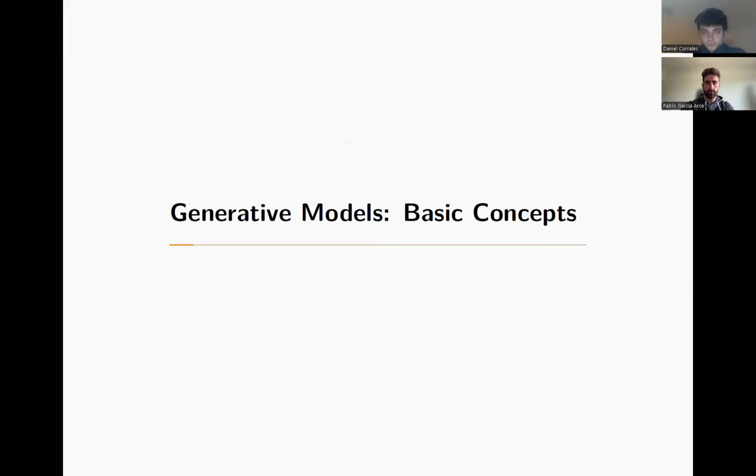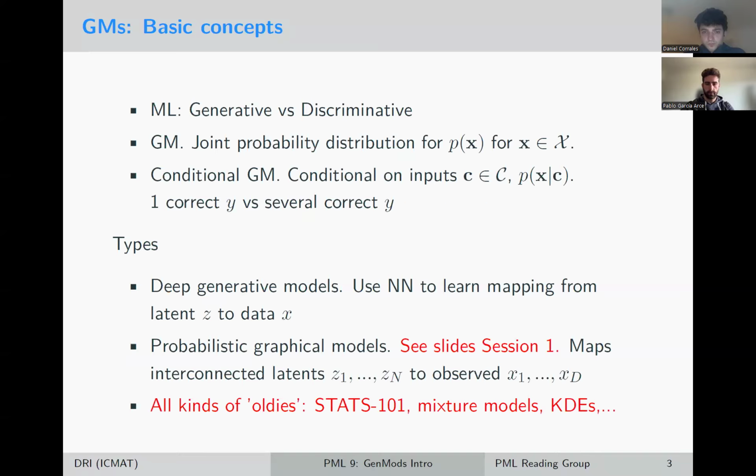Okay, so in machine learning, there are several subfield divisions. And the one that we cover today is generative versus discriminative models, which is one of these names that the machine learning community has sort of invented. In traditional statistics, we had similar names for other things, but let's stick to the machine learning terminology.